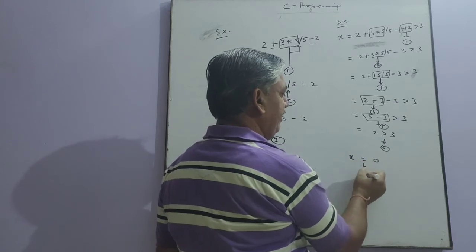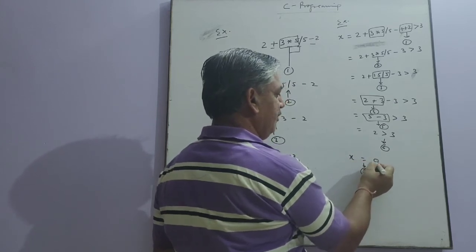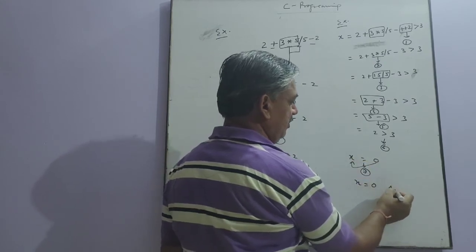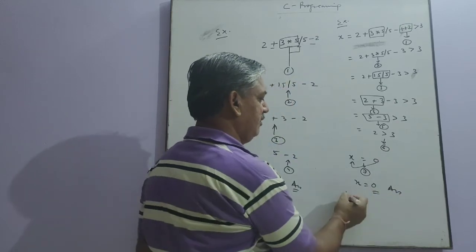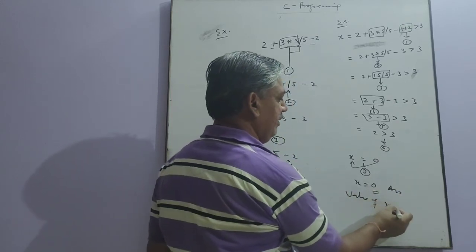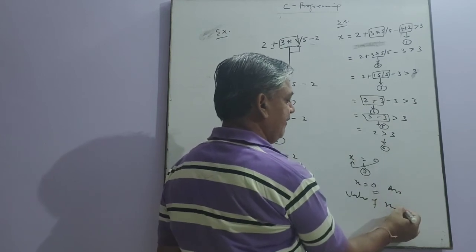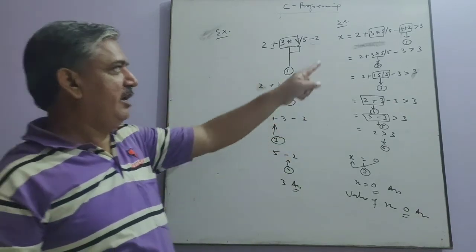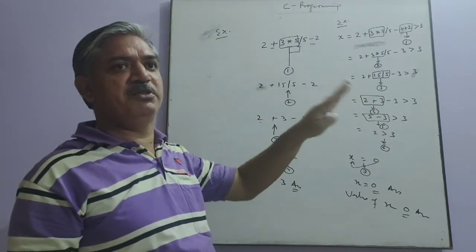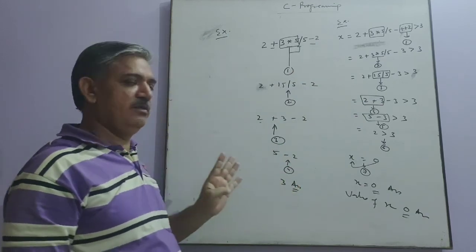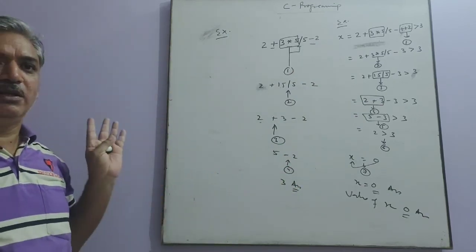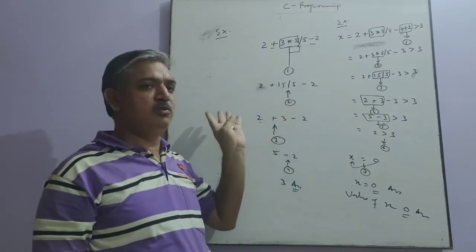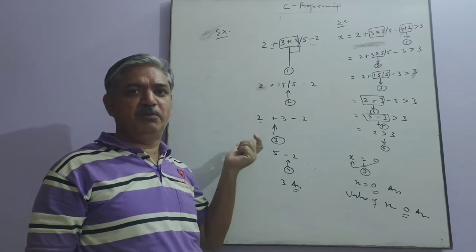And finally, we evaluate assignment: this 0 is assigned to x. So the value of x at the end of this expression is 0. Clear? So this is the way to evaluate expressions using operator precedence and associativity. Isn't it? So consider more and more examples and practice evaluating expressions using operator precedence and associativity.